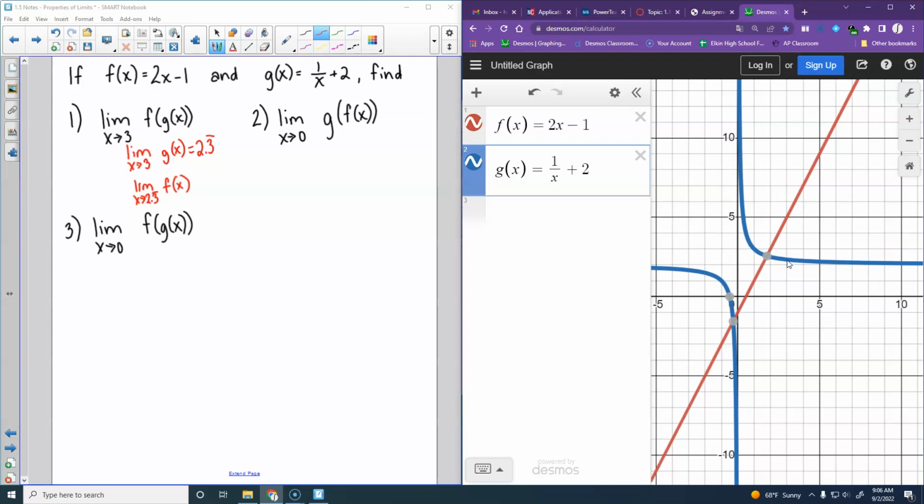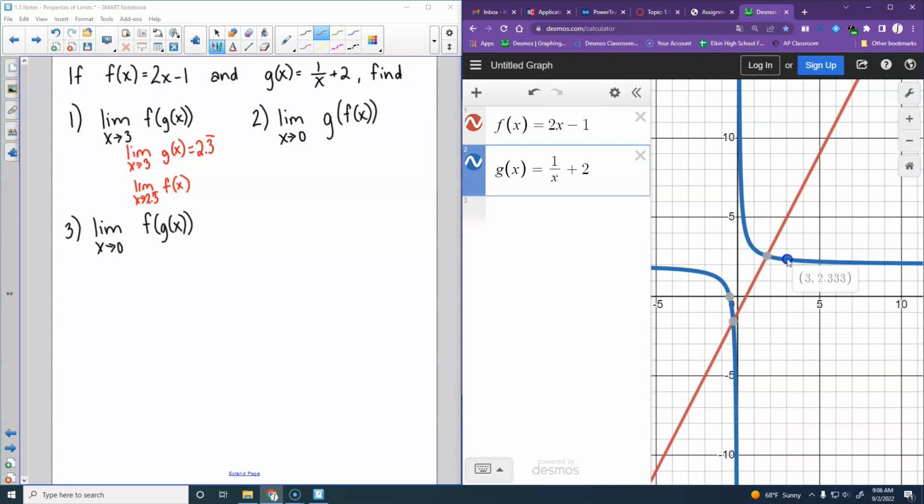So we're thinking about our y values, and this is not a one-sided limit, it's from both sides. As we approach this point right here, is our graph coming from above, below, or both?